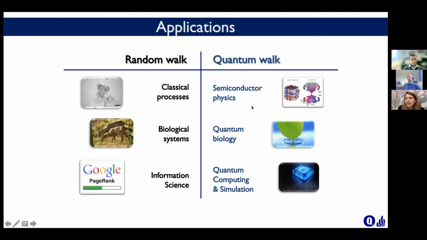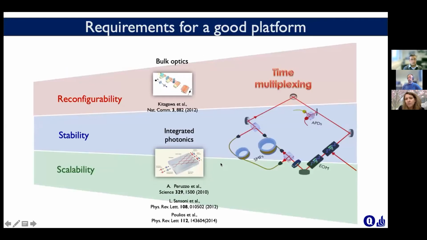It shows that these random walks can be good models for studying propagation phenomena in semiconductor physics. Quantum biology might be one way where you can try to simulate systems. And most importantly, this is where quantum computation and simulation come from.